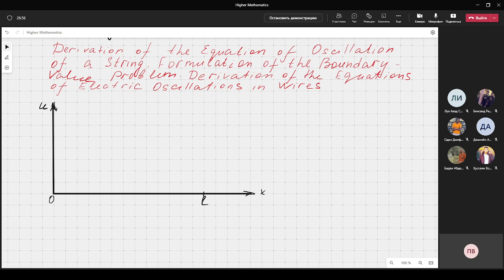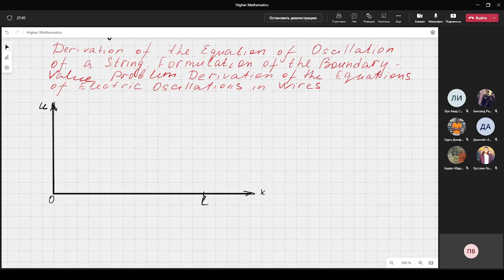Assume that the ends of the string are fixed at the point x is 0 and x is L. If the string is deflected from its original position and then let loose, or if without deflecting the string we impart to its point a certain velocity at the initial time, or if we deflect the string and impart a velocity to its point, then the points of the string will perform certain motions.